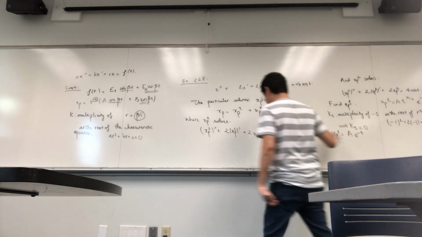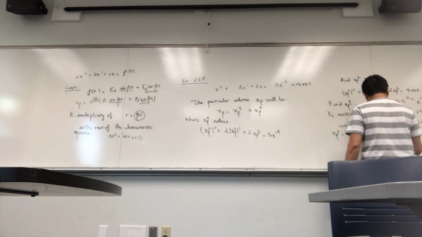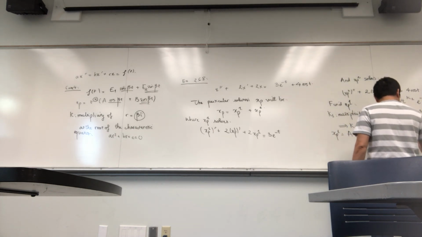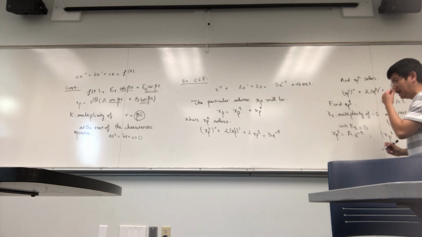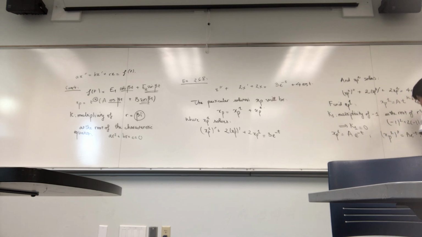So in order to find a, you plug it here. You have xp1 second is a e to the power minus t, and xp1 prime is minus a e to the power minus t.